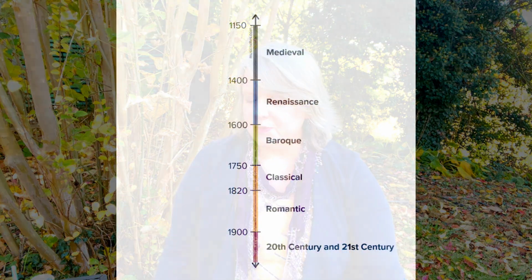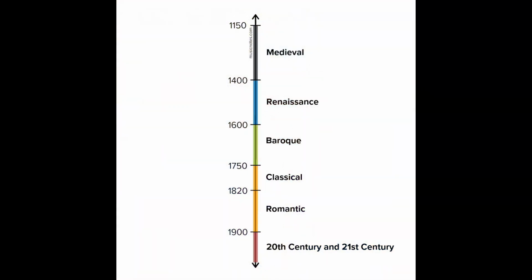Right at the end of the Renaissance, we start to move into opera. And that's what's going to define the Baroque period. Now, the Baroque period, looking at our page here from 1600 to 1750, this is exciting.